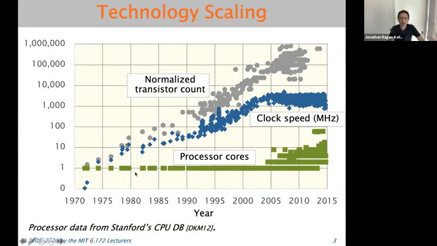So as you can see, the number of transistors that we could build kept growing. That was the Moore's law trend. That's kept up reasonably well, although in the last few years, starting at about 2015, 2016, it started slowing down significantly. And there's reason to believe that in the technology roadmap we've been on since the late 1960s, we're nearing the end of the ability to continue this scaling.